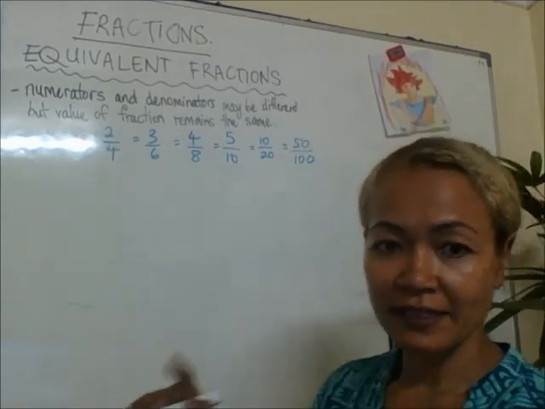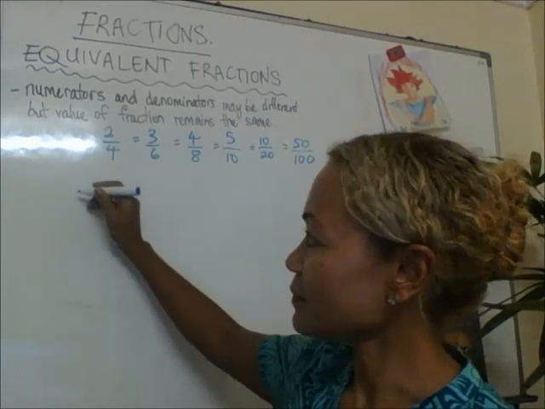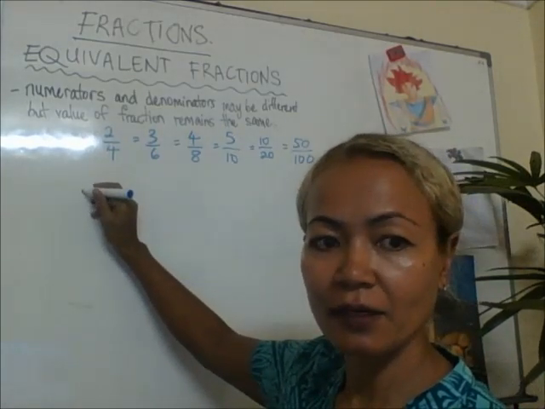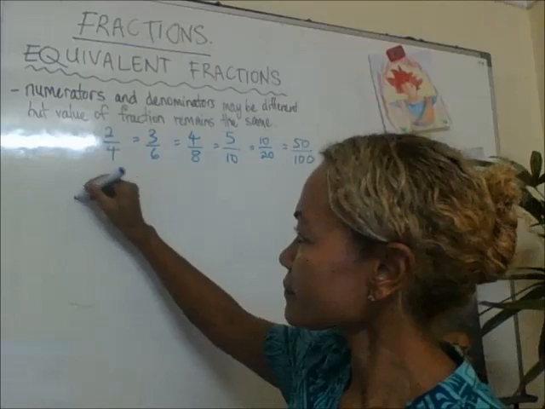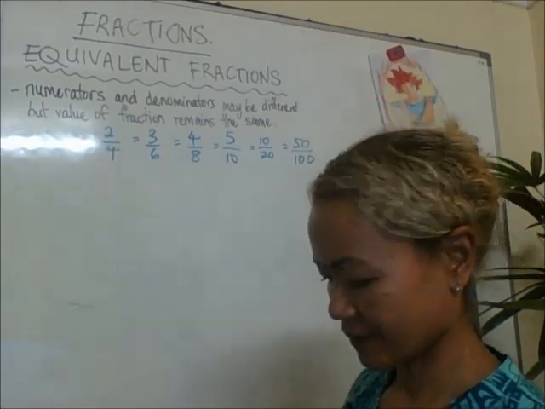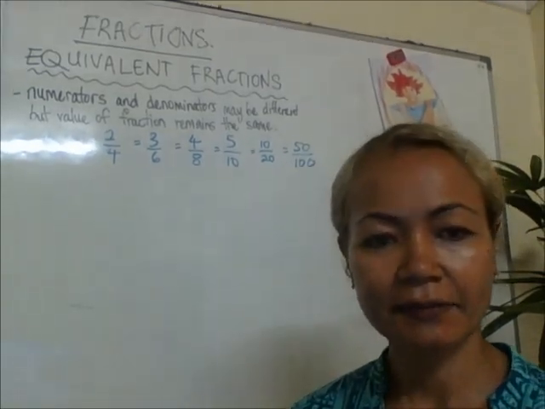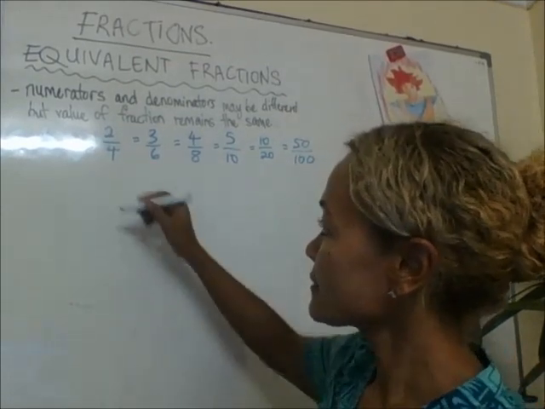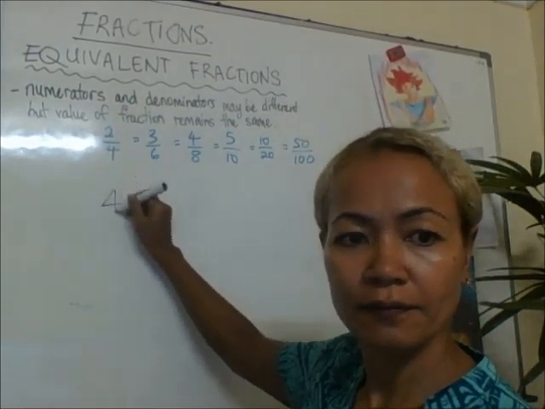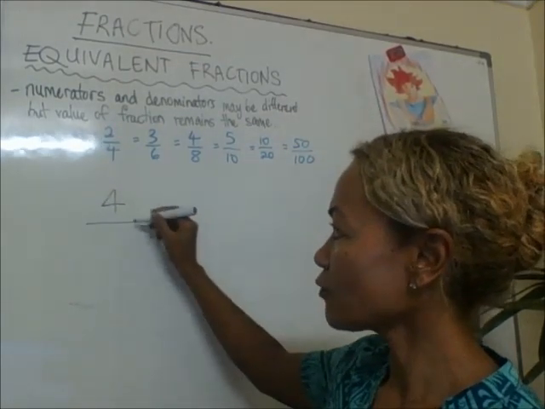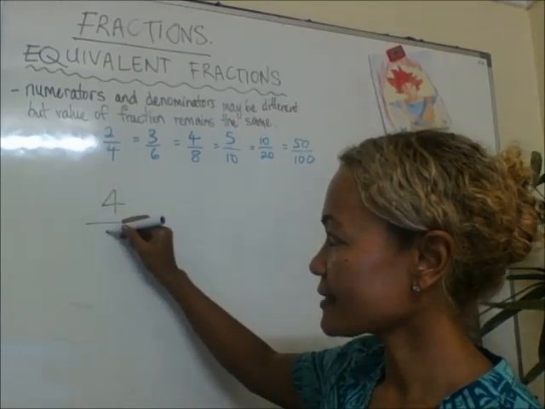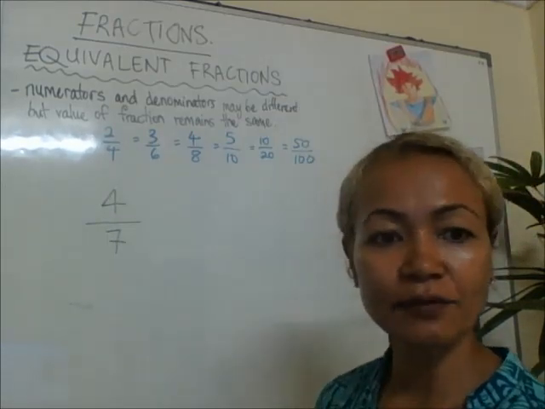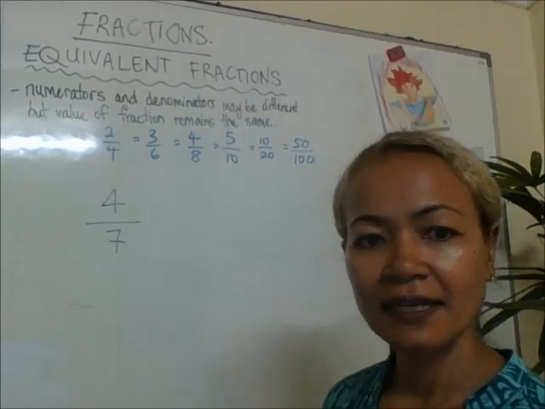So to illustrate this, for example, say if I had the number 4 over 7.